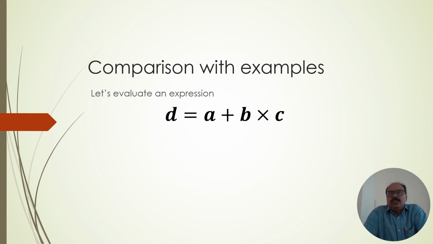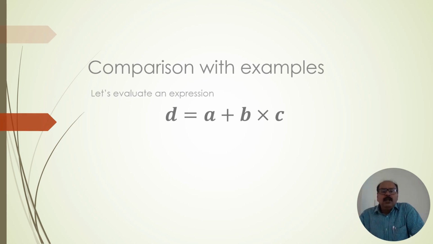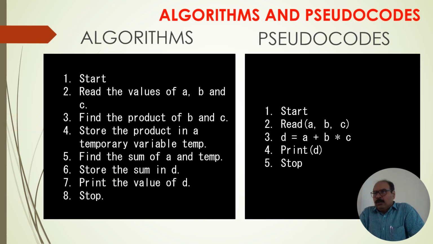I've taken the expression D is equal to A into B, I'm sorry, A plus B into C. On the left side of your screen, you can see an algorithm written to solve this expression D is equal to A plus B into C. On the right side, you can see the pseudocode for the same.